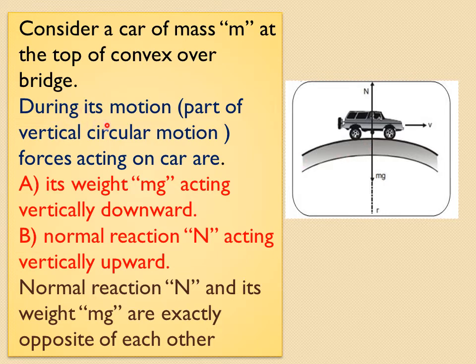So during its motion, that is circular motion, the forces acting on the car are as follows. Suppose this is a car at the top position of a convex bridge. At the top position, from the center of gravity, the first force is mg, its weight, acting vertically downward.